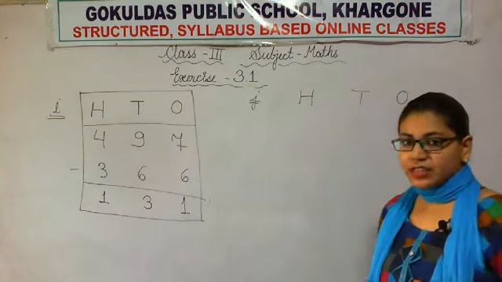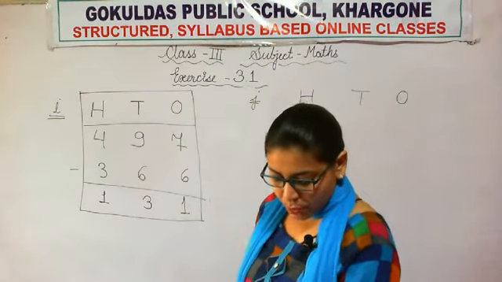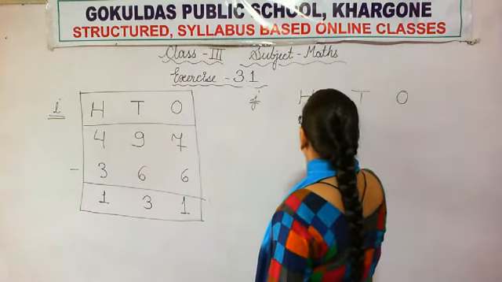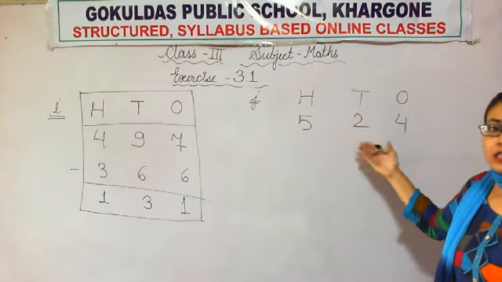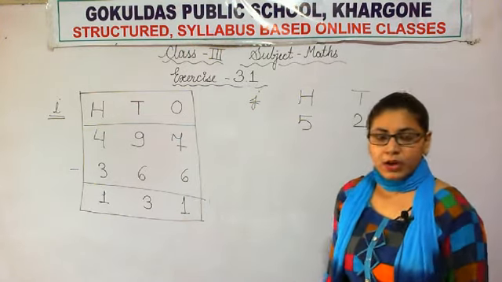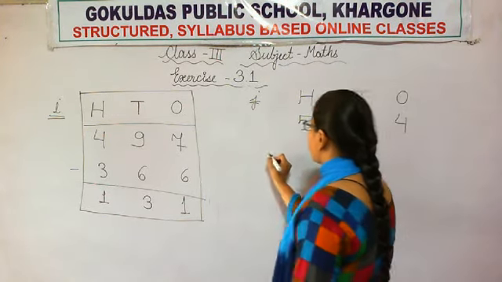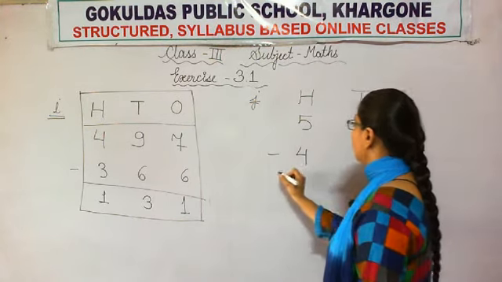This is our very first step. Now we'll write the minuend and subtrahend. The minuend is 524, so we will write 524, ones below ones, tens below tens and hundreds below hundreds. Minus 440.